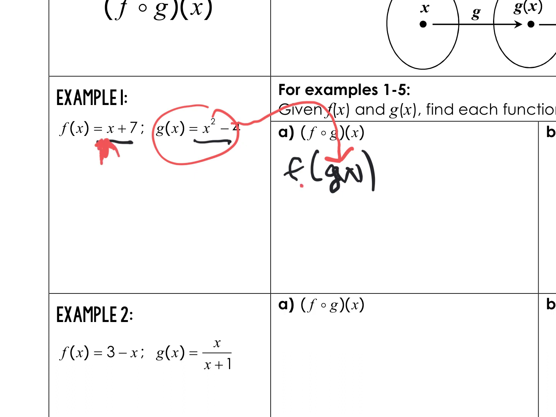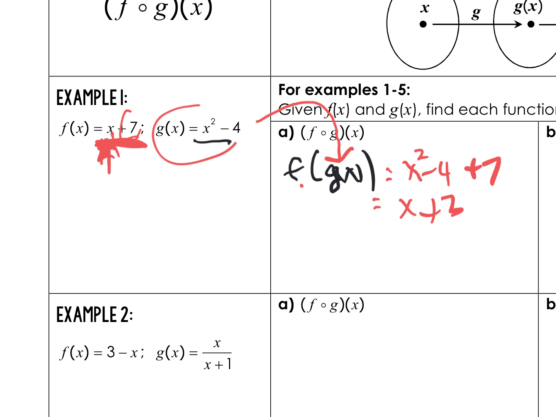So if f is x plus 7, in place of x, I write x squared minus 4 in place of this x. And don't forget, there's still this plus 7 here. Plus 7. So when the f ate the g, you have x squared plus 3.